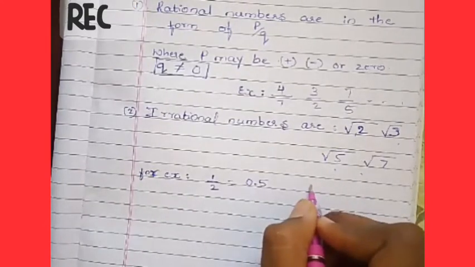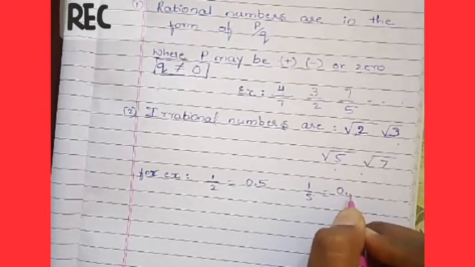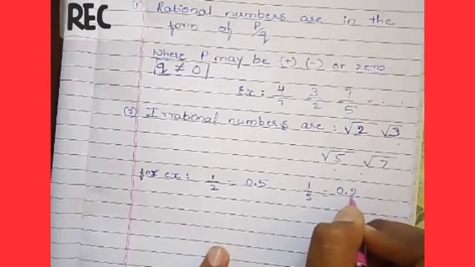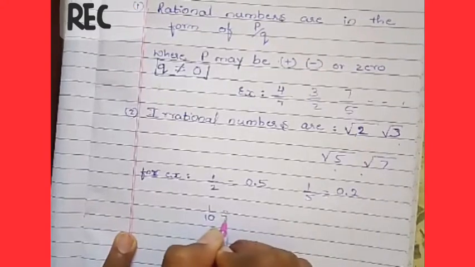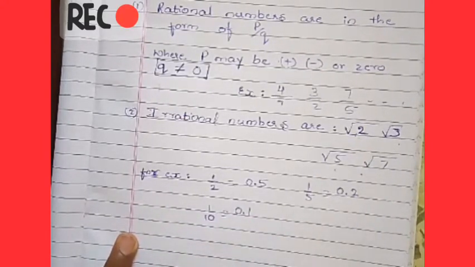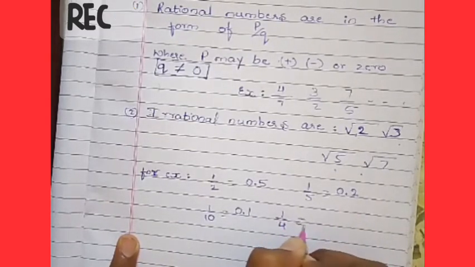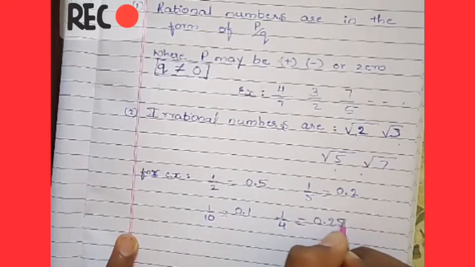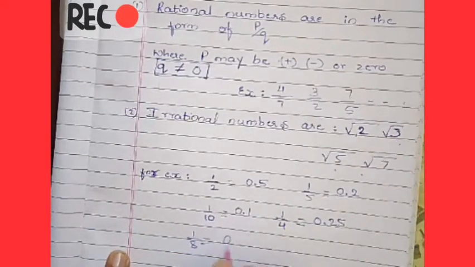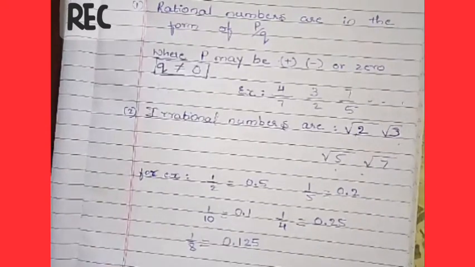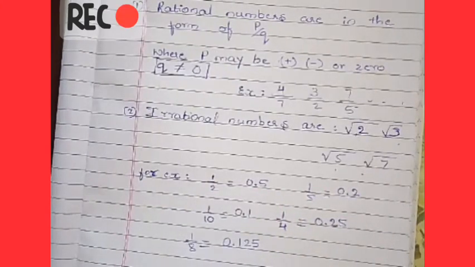Okay, and 1 by 5 is equal to 0.2, and 1 by 10 is equal to 0.1, and 1 by 4 is equal to 0.25, and 1 by 8 is equal to 0.125.